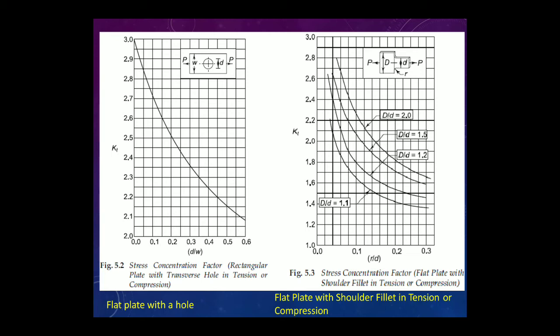We can find the stress concentration factor for different D by d ratio and r by d ratio. So using the larger to smaller diameter ratio and the fillet radius to smaller diameter ratio, for a particular case we can find the particular stress concentration factor using this chart.